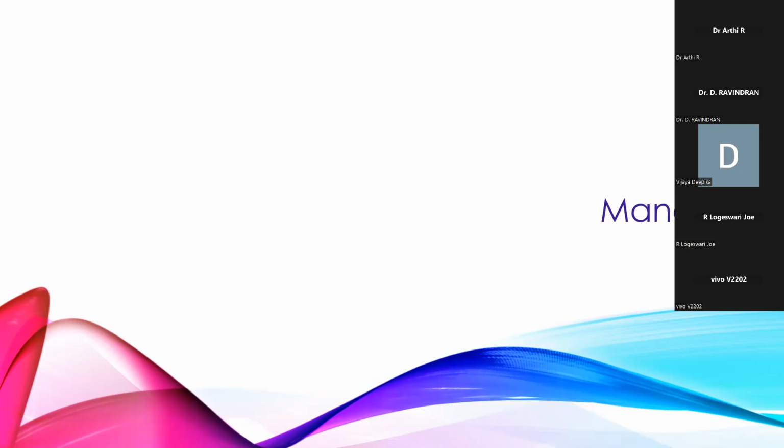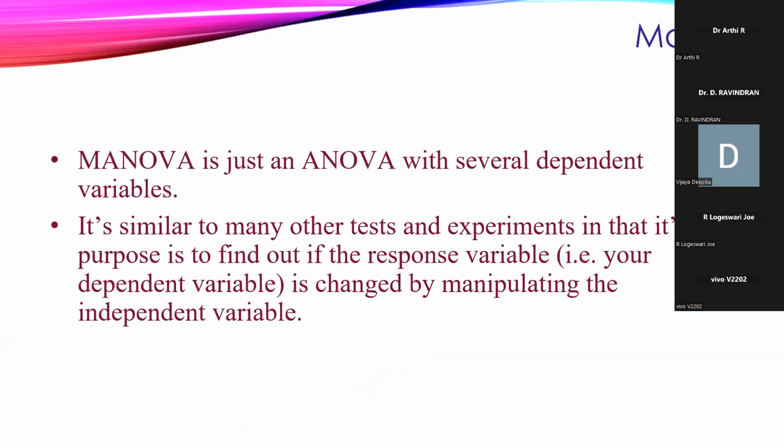See, in ANOVA, we used one independent, one dependent. In factorial ANOVA, we used two independent and one dependent. In MANOVA, you can use more than one dependent variable. So what does it mean?